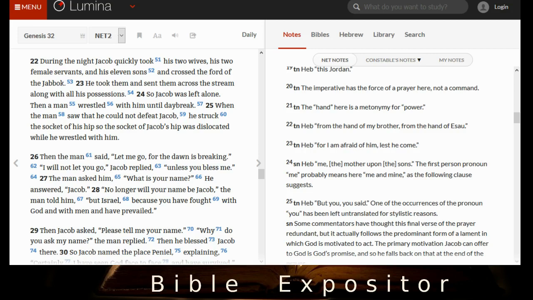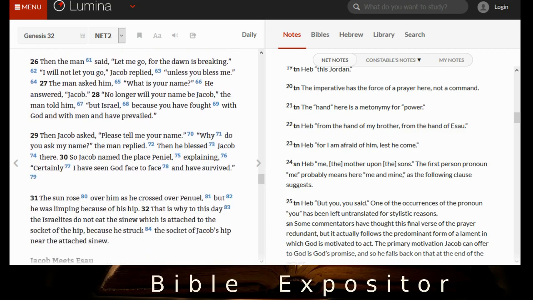But he finally ended it, and even so, the man asked Jacob to let him go, which I don't understand. I don't think anybody does, but he was in a hurry to go because it was becoming daytime. But Jacob responds with a curious request for a blessing without even knowing who this was, because at this point he doesn't know who this is.